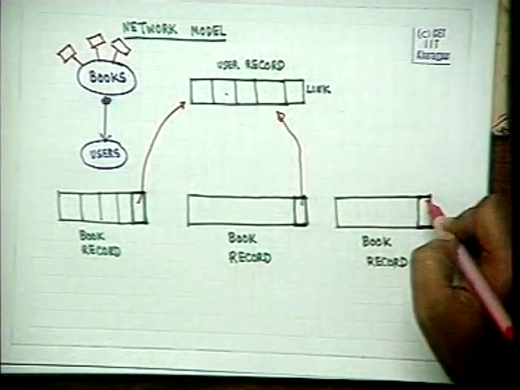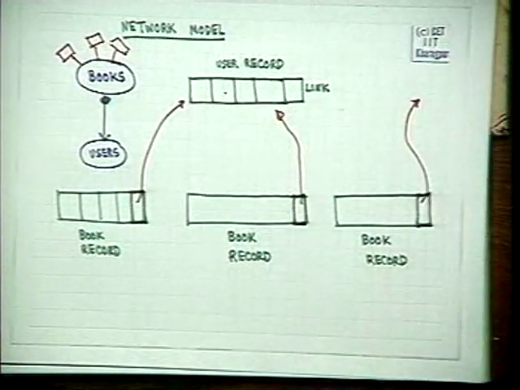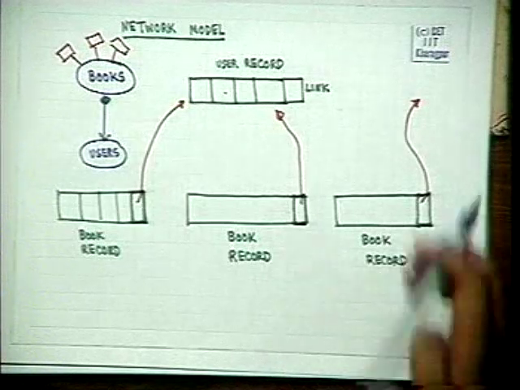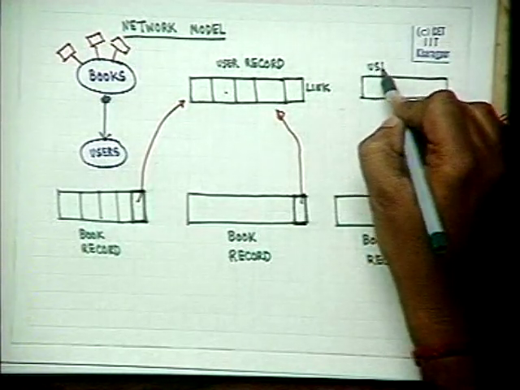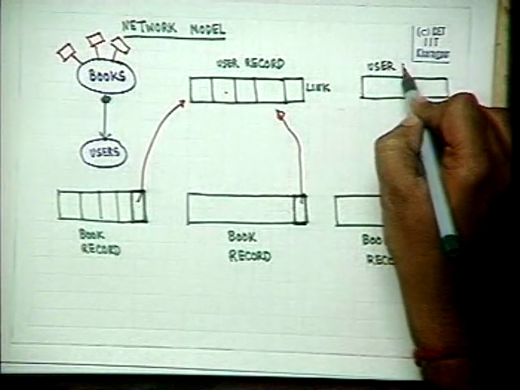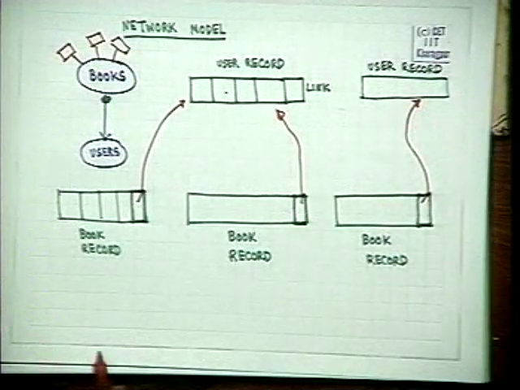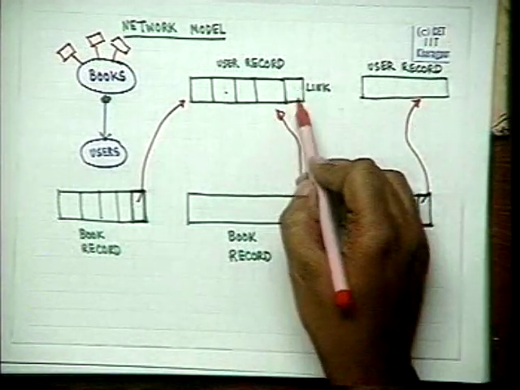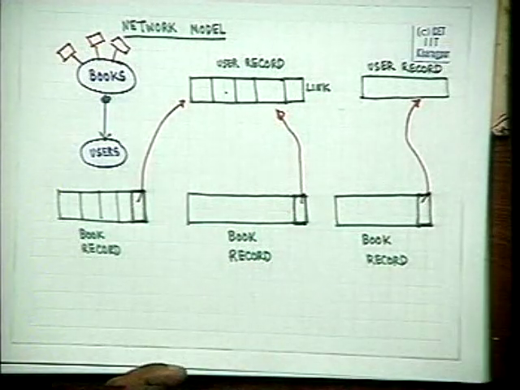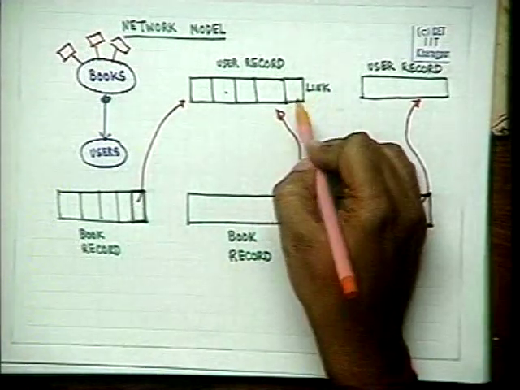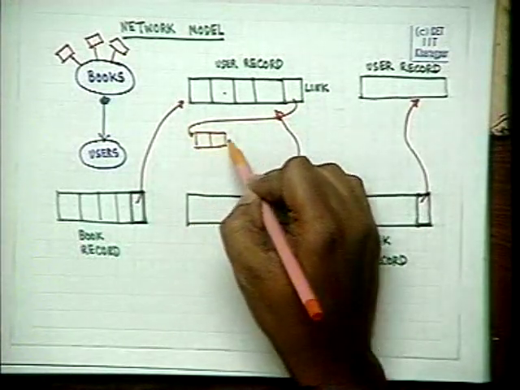This may point to this book and this may point to some other book, this may point to some other user, indicating that this user has issued this book. But this direction is a little more complicated, and this direction works this way. You put it into a temporary record, a chain of temporary records.